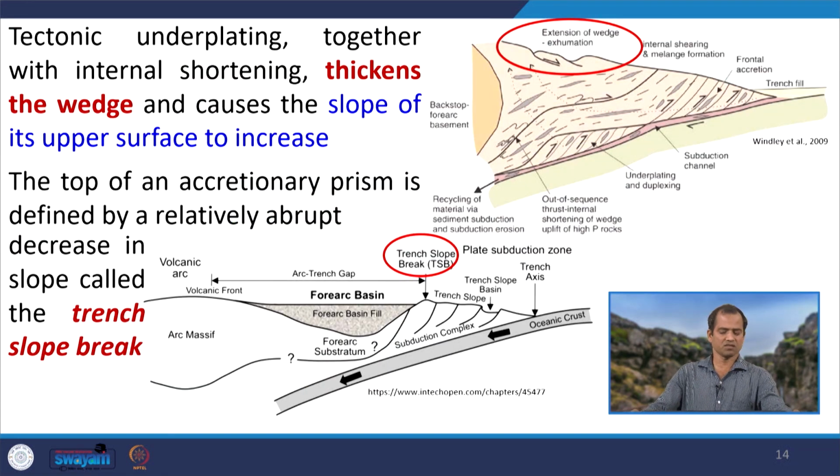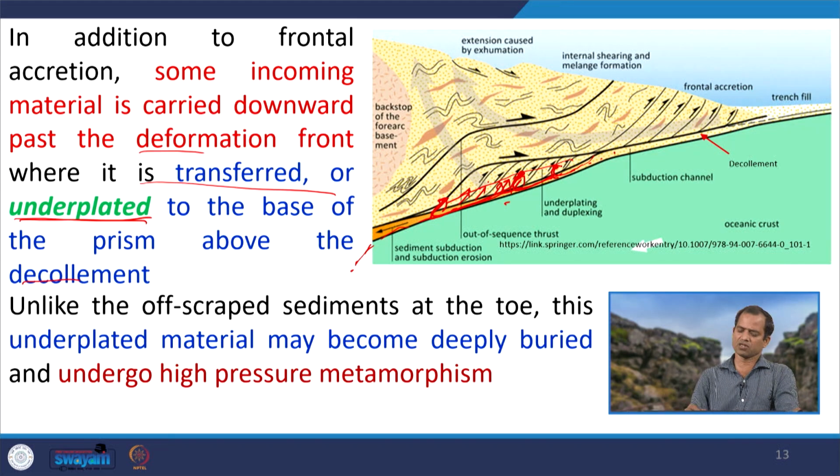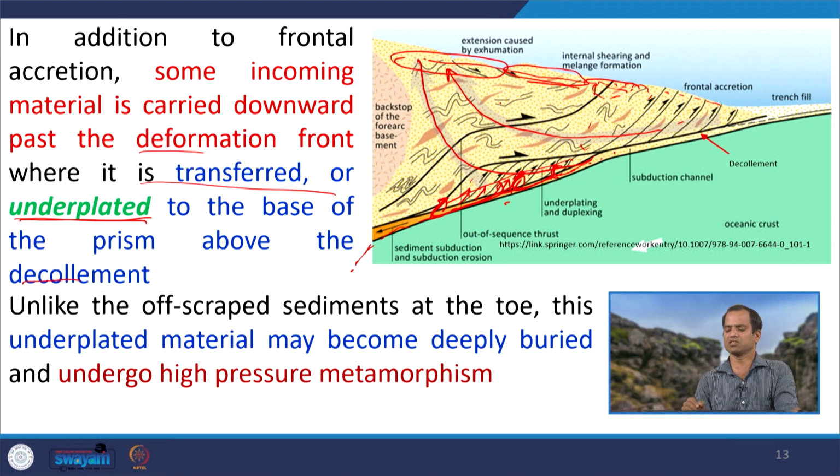As a geologist, moving from here to here, you will find relatively low grade metamorphic rock, then high grade, and further high grade metamorphic rock, because the material which is going down is coming back.